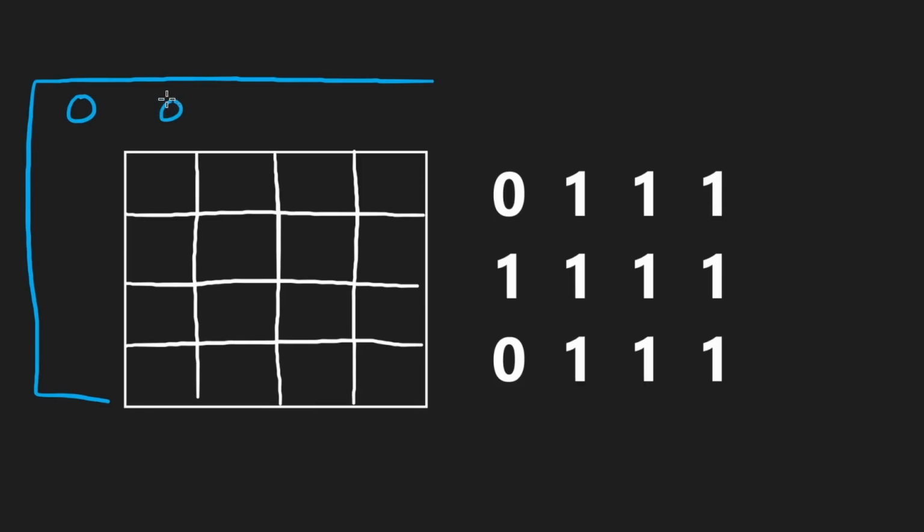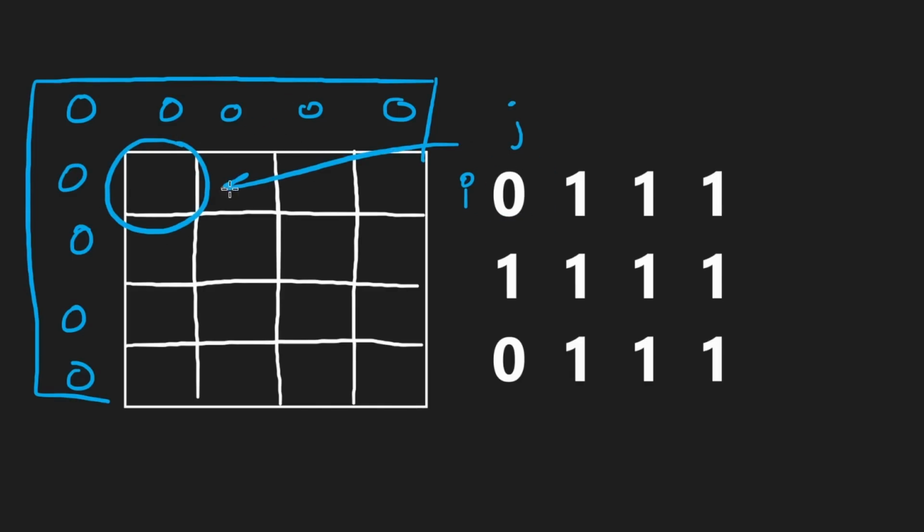And you could fill that in with all zeros. And then you'd fill in these positions. So that's a perfectly valid way of doing this. You just have to offset the indexes by 1. So if you're at i, j in the matrix, you would be populating i plus 1 and j plus 1 in our own matrix.